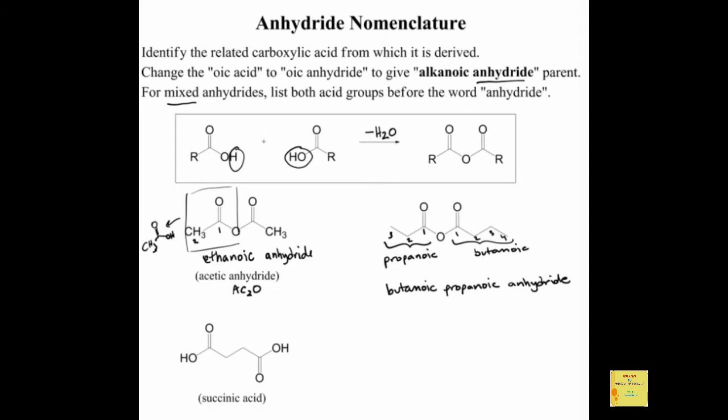Now if you had a diacid like this, again there are common names associated with most of these diacids: oxalic, maleic, succinic, glutaric, and so on. So you might come across these common names, and it's going to be useful in this case. This is called succinic acid. Let's try and do the IUPAC name for this one. It's a 4-carbon chain, 1, 2, 3, 4, so it's a butane derivative.